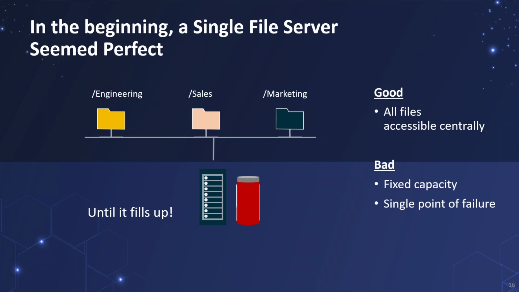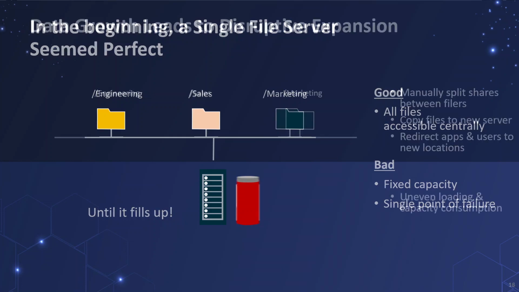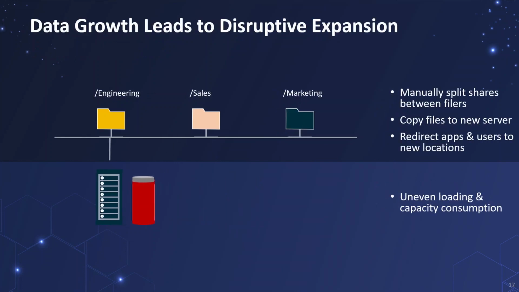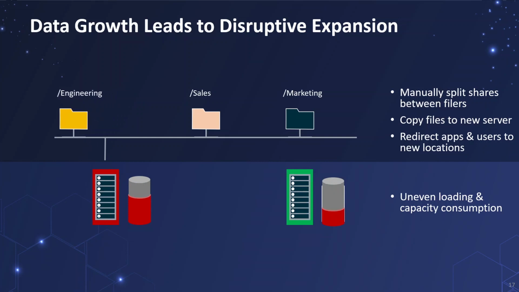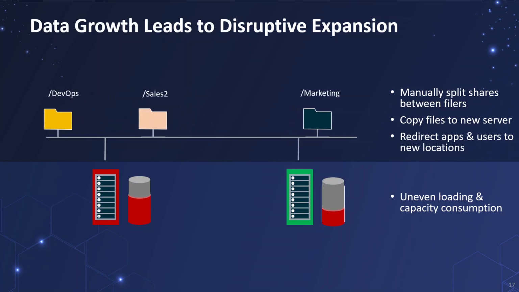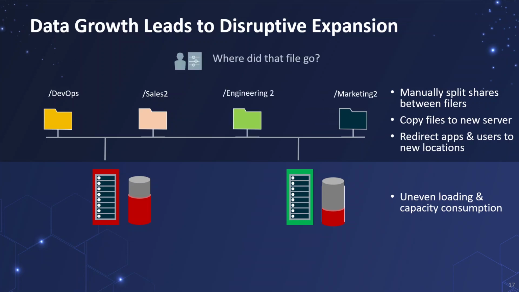Maybe you can use backup software to move your data, or you can use some feature on the storage itself to provide a single point of view. And then, it gets more complicated as time goes on and your data keeps growing, leading to more challenges. For example, when you have more devices, you need to manually move your data and split the shares between the files.